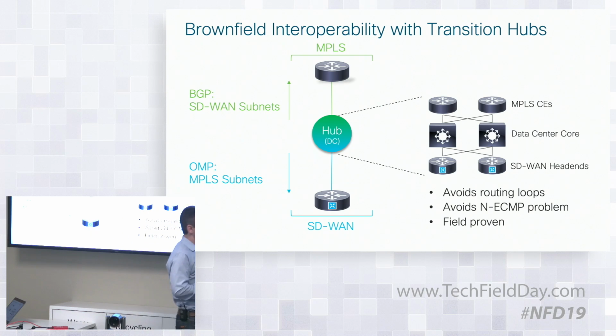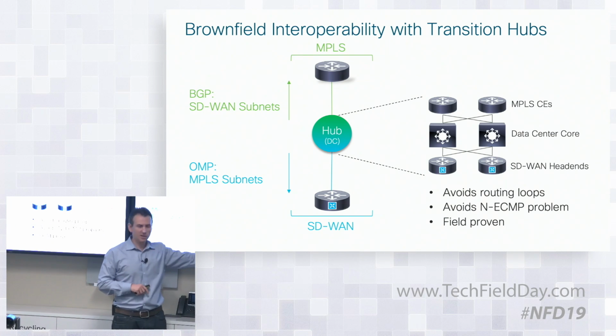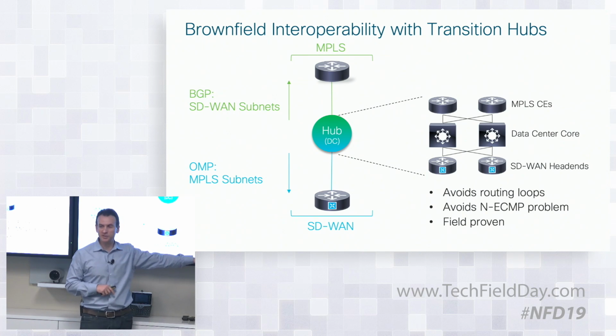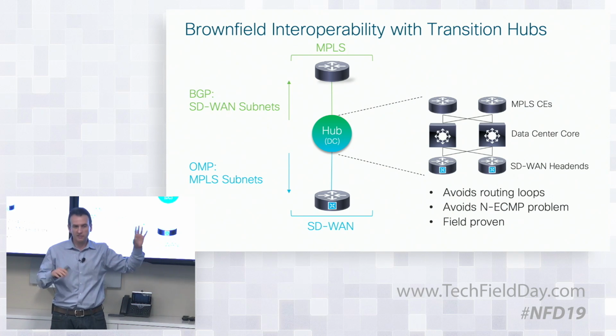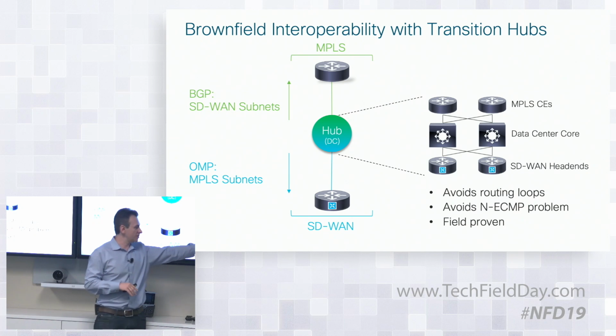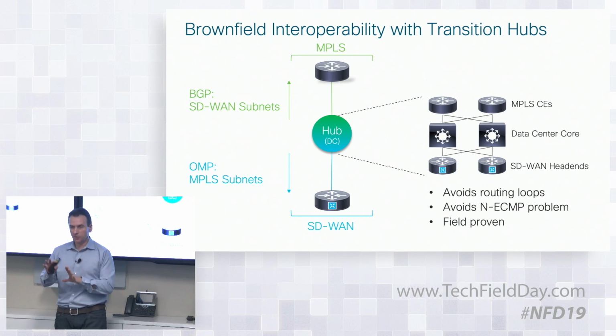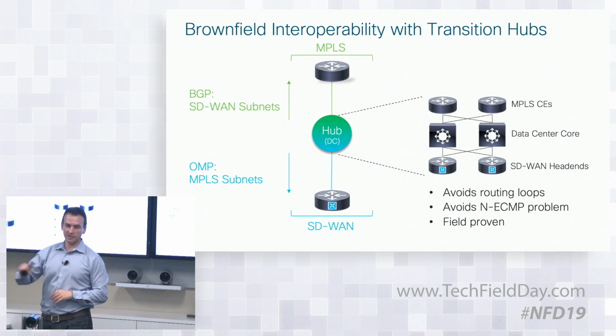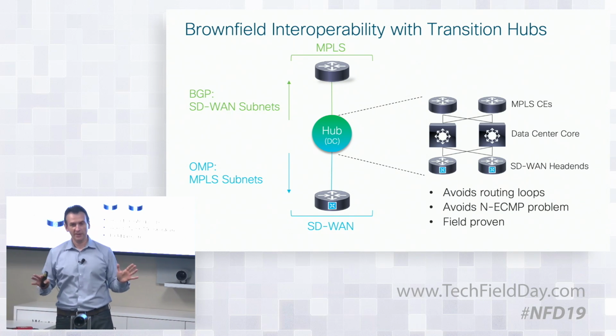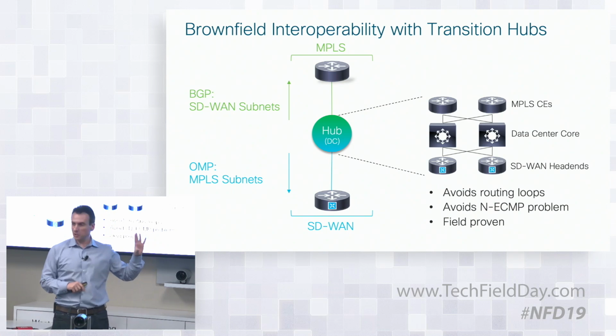We've seen a fair share of issues with that, starting from routing loops, every branch office becoming a transit site because you didn't filter the routes properly, turns into an ECMP problem. How do I reach that other site? Oh, it's 100 branch offices that can take me there, which is not true. So a whole slew of things that could happen.